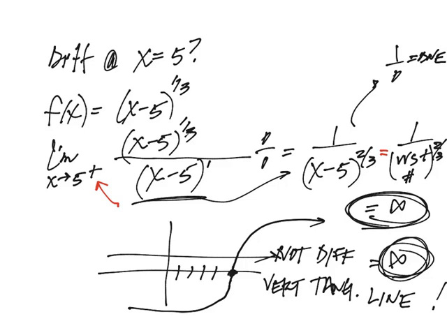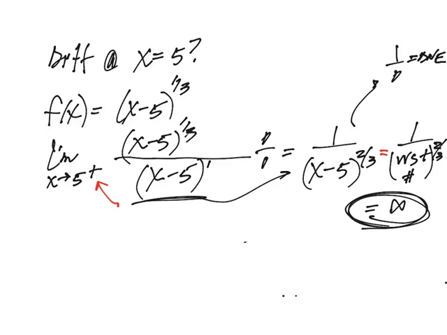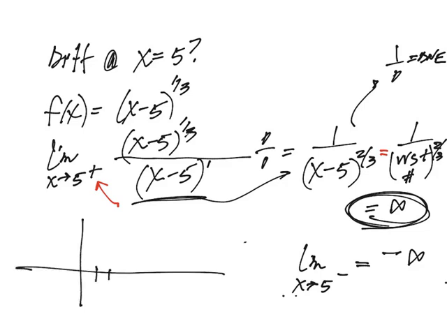Now, there are other times when you would get something different. Let's imagine that my limit coming in from the right is positive infinity, but if I take the limit as x approaches 5 from the left-hand side, I end up getting negative infinity. Well, this is what it would look like. If I'm out here at 5, and I come in from the right-hand side, I get positive infinity. So this is very steep, going to less steep.